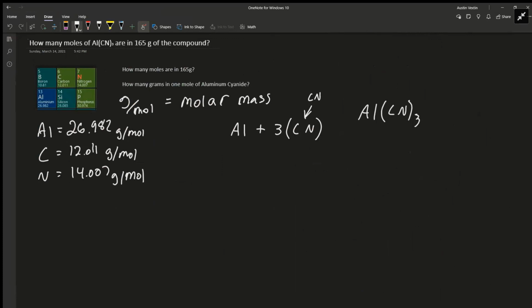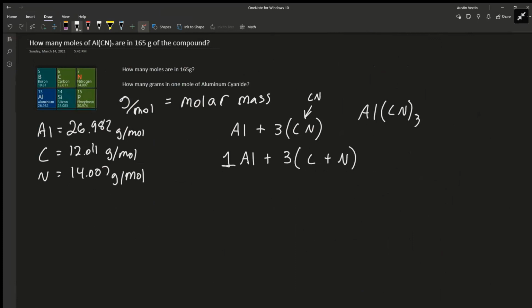Okay, so now we have this in a more algebra looking format. Now we can just plug our molar masses into our new formula. So we have 1 aluminum plus 3 times 1 carbon plus 1 nitrogen.